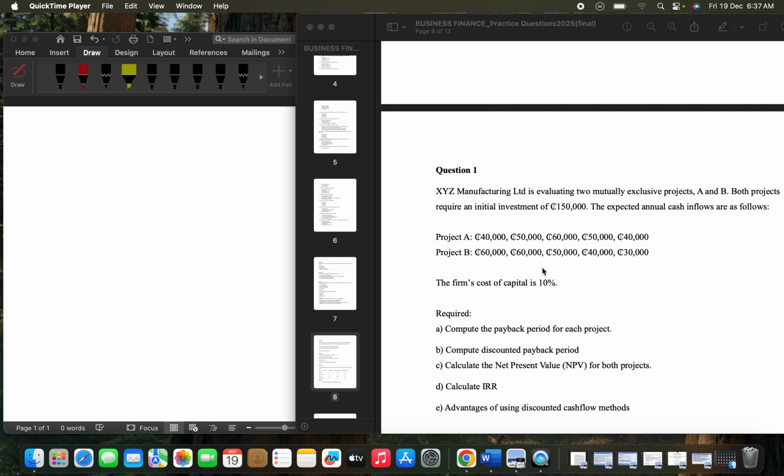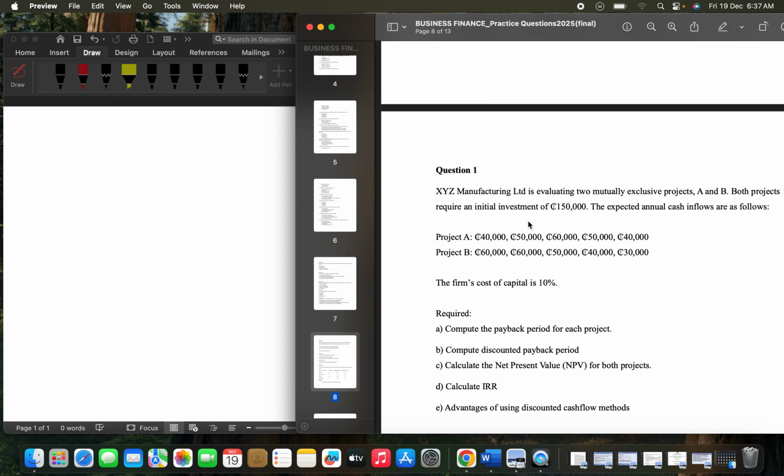In a situation where the question has stated that the expected annual cash inflows are before tax, I would first have to solve depreciation. Once I'm done with depreciation, I would add the depreciated amount to all the cash inflows here. So the new amount becomes the actual cash flows, and that is what I'm going to use in solving the question.